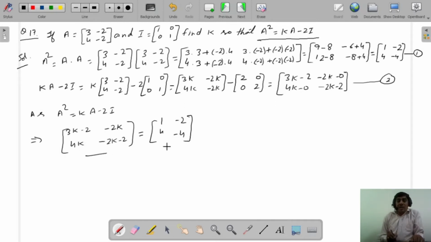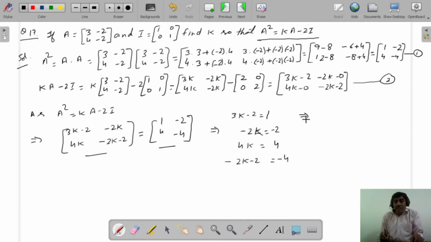Now these two matrices are equal matrices, so their corresponding elements are also equal. This implies 3K minus 2 is equal to 1, minus 2K is equal to minus 2, 4K is equal to 4, minus 2K minus 2 is equal to minus 4.